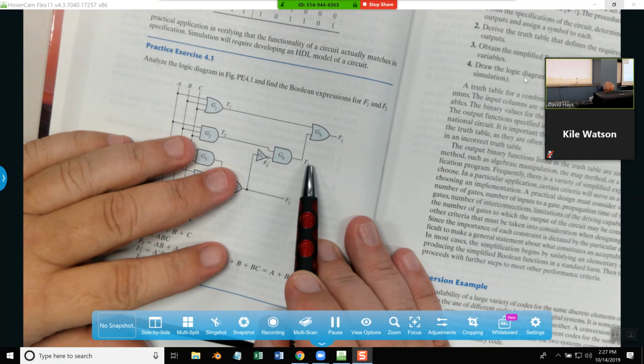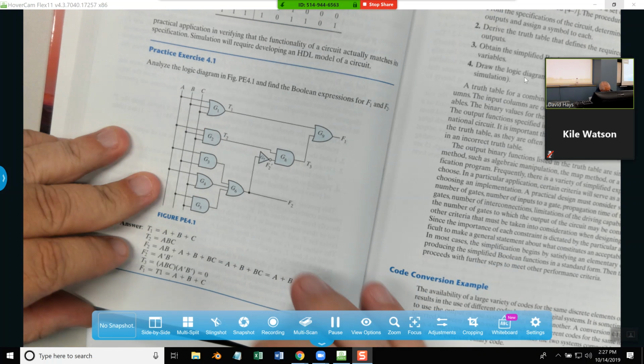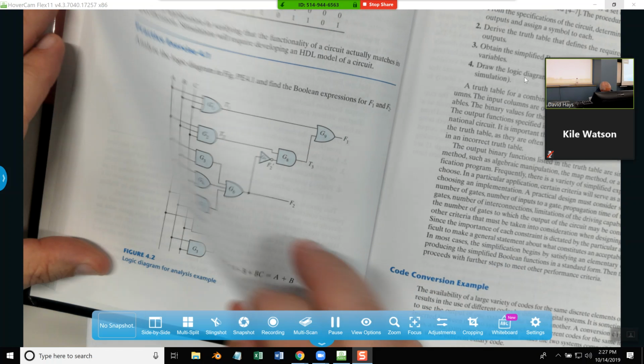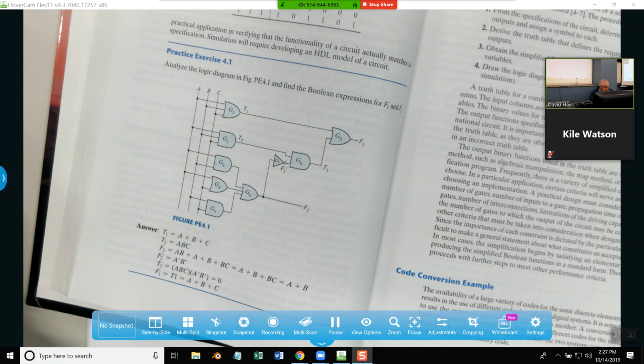And F1 is this right down here. And we got an OR, and that's coming out as T1 or T3. Well, then I need to go back and find out what T1 and T3 are. And keep in mind, the OR becomes a plus.